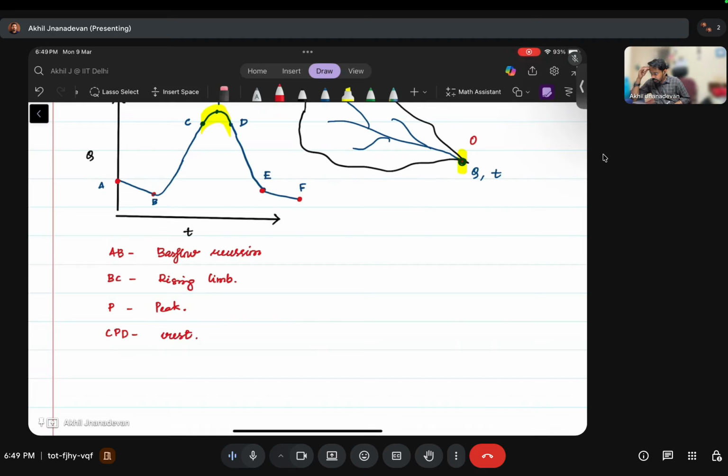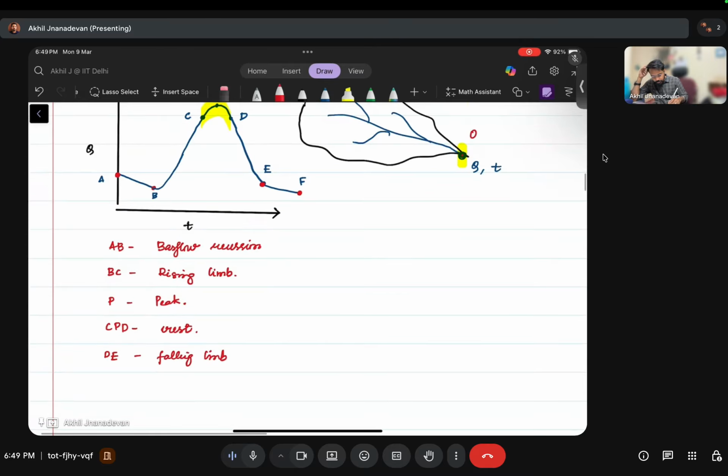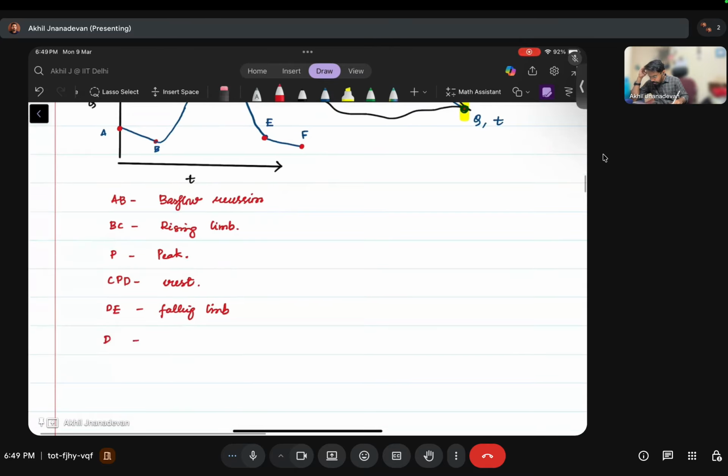And DE is the opposite of the rising limb, that is called the falling limb, right? And finally, the point D is called the point of inflection.